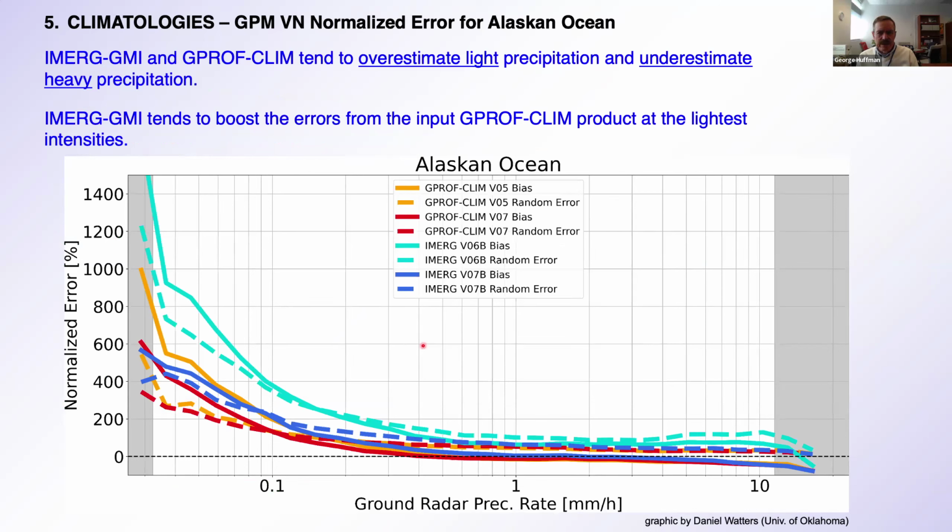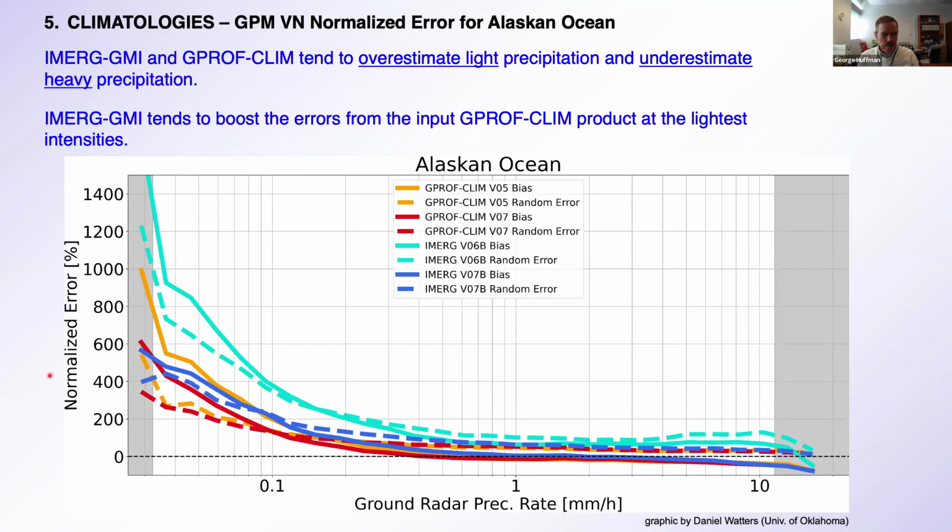Looking specifically in the high latitude oceans, this gives you some sense of what happens with normalized error as a function of the precipitation rate. And this is fairly typical, that normalized error tends to be low at the high rates and then go high at the low rates.